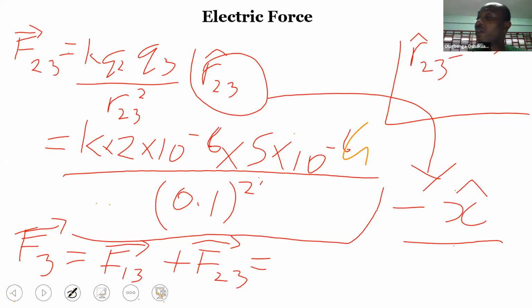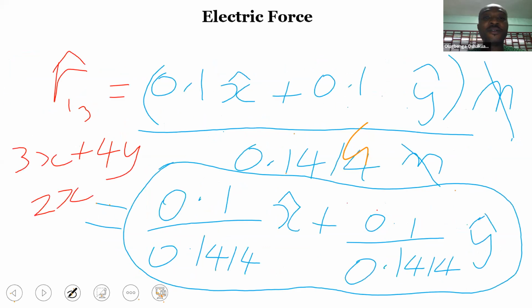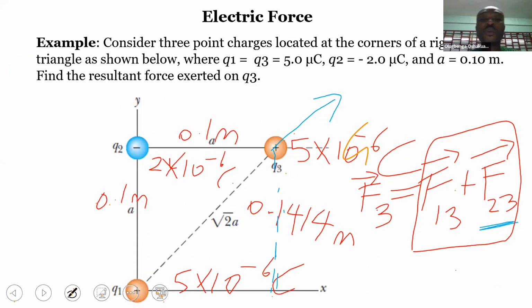Unlike F13, which is applying a force that has both x components and y components. So you can easily add them together in terms of x and y, and at the end, you would have an F3 that has certain values of x plus certain values of y, all in newtons. And the next thing you do is to find the resultant.